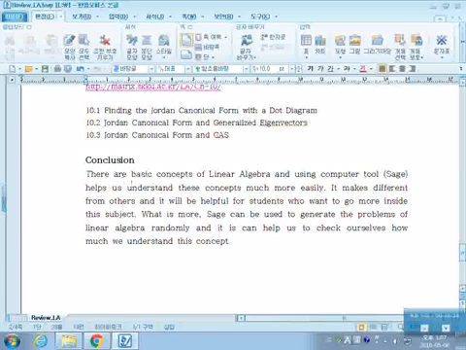There are many basic concepts of linear algebra, and using computer tools helps us understand these concepts much more easily. It will be helpful for students who want to go deeper into this subject. What's more, Sage can be used to generate linear algebra problems randomly, and it can help us check how much we understand the concepts.